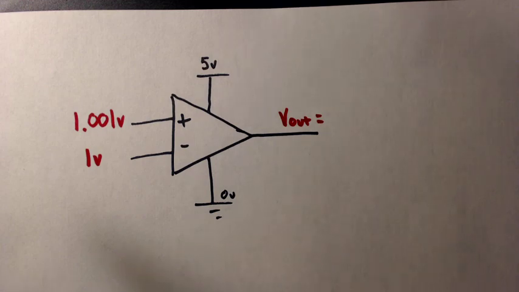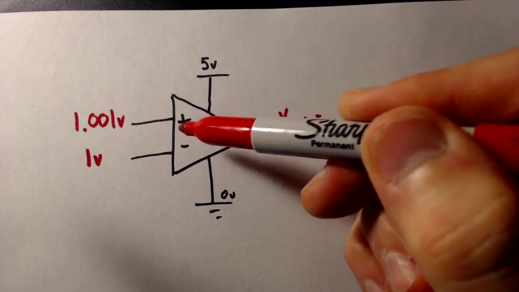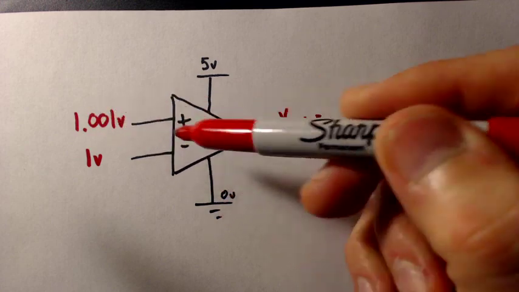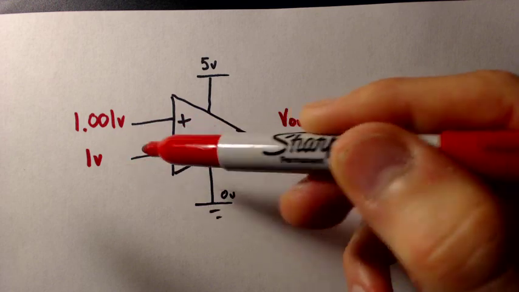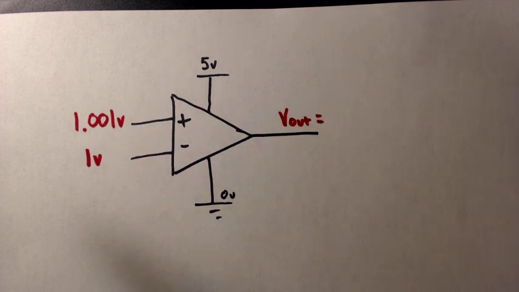Remember, it's the difference between the two inputs, plus 1.001 minus 1 volt, multiplied by that incredibly large gain, that gives us the output.